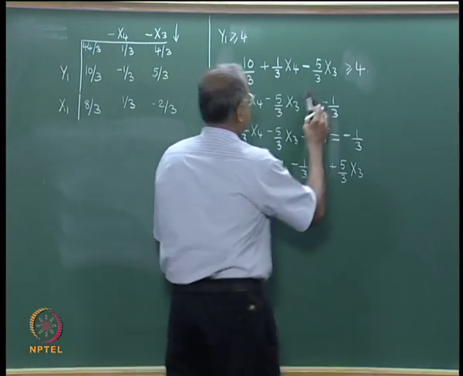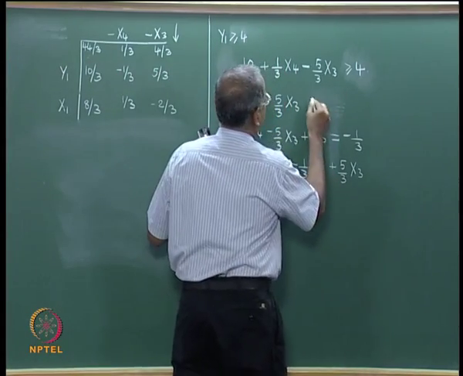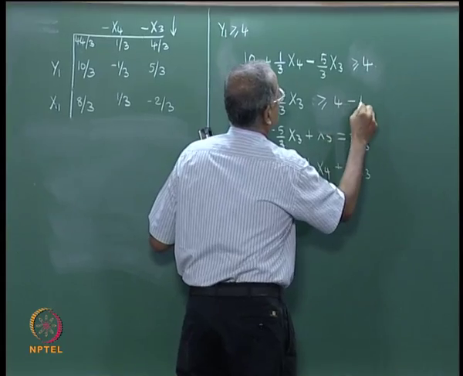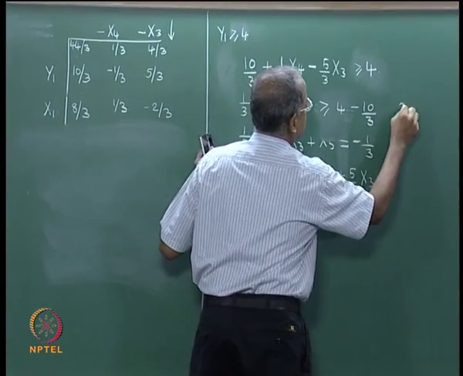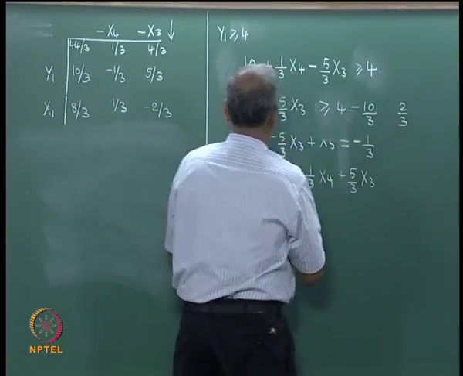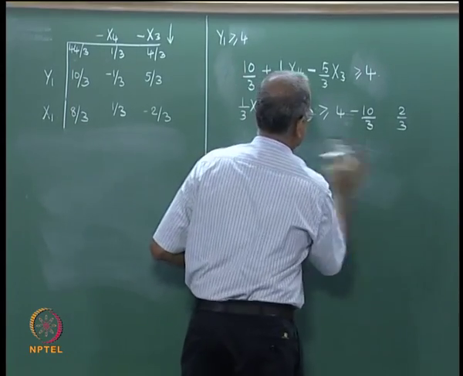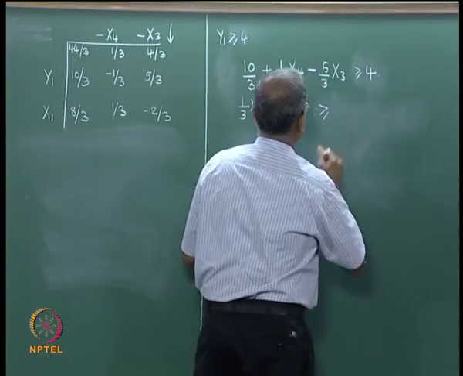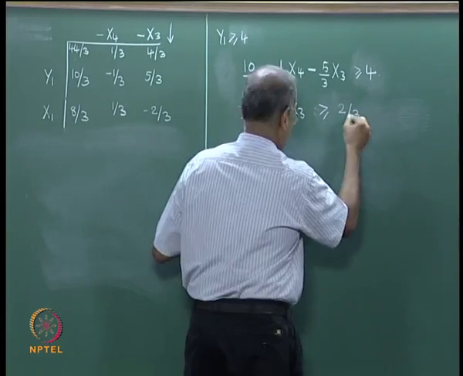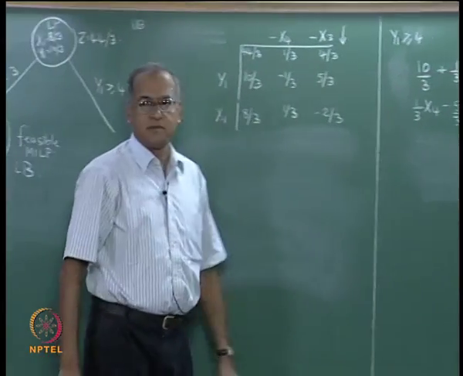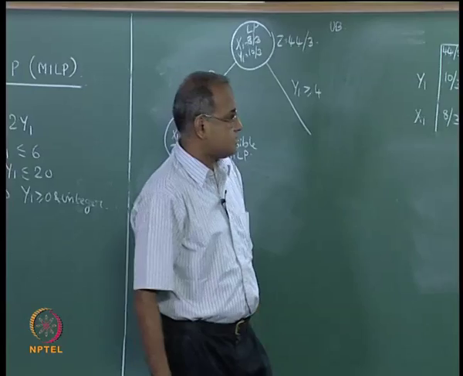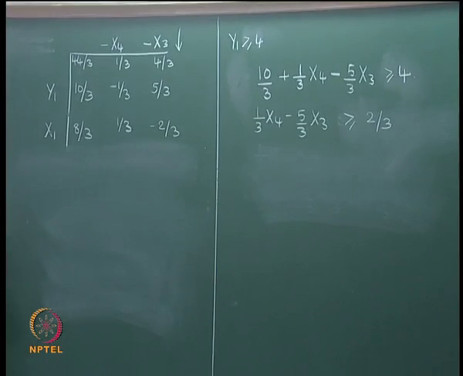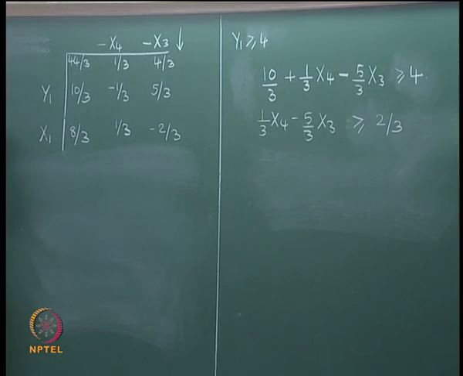So, taking it to the other side, this will be greater than or equal to 4 minus 10 by 3, which is 2 by 3. So, now we add x5 which is a surplus variable.